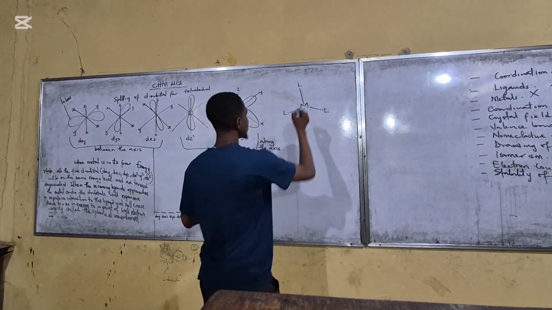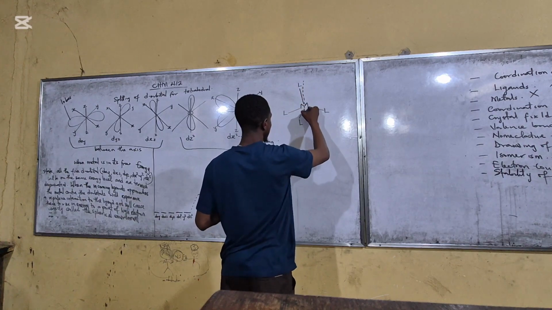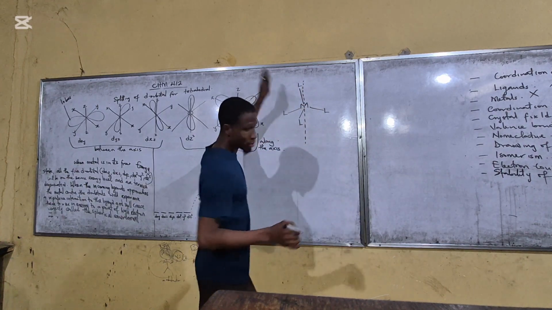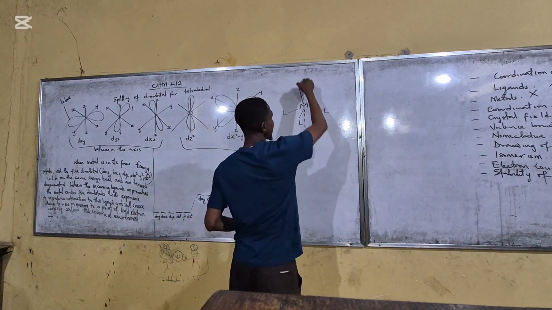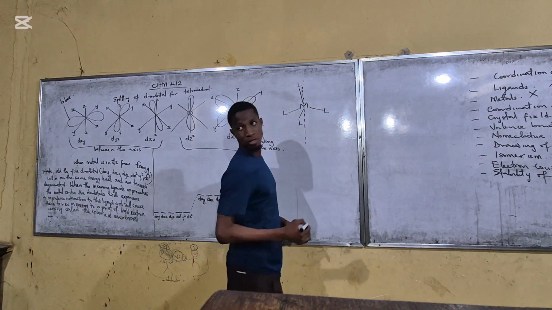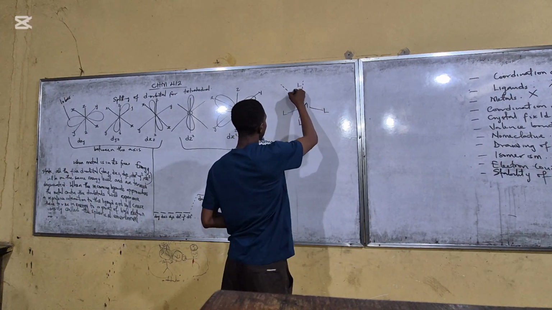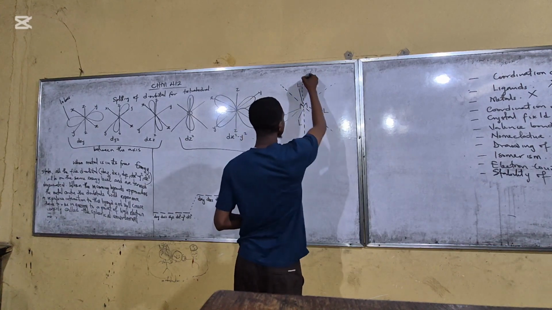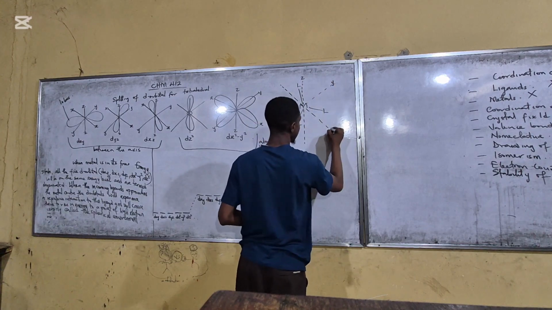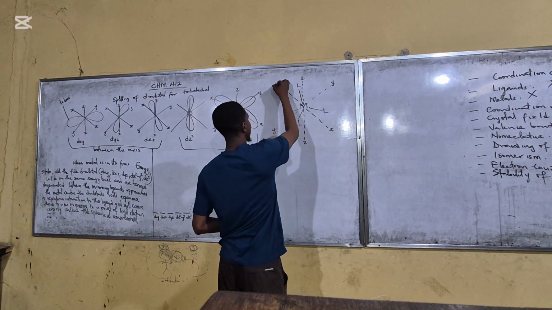Now if you look very well, this is going to be our z-axis. But the ligand is not on the axis. This is going to be my x-axis, and this is going to be my y. So this is z, this is y, this is x.